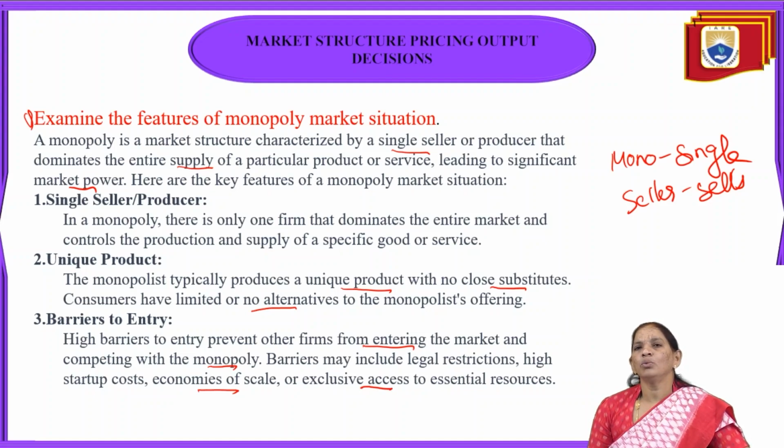Legal restrictions prevent other people from entering the market, or the startup capital requirements may be very high, or the scale of production may be a problem, or there may be non-availability of essential resources, which restrict other people from entering the monopoly market.